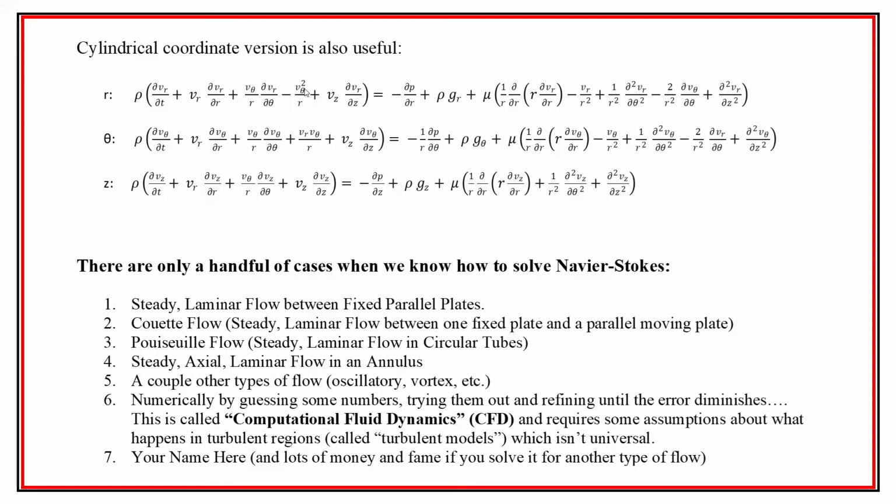And what is special about the Navier-Stokes? Well, there are only a few situations where we can actually solve it, when we apply some limitations and some boundary conditions that make it possible. I'll demonstrate them in a series of examples that will hopefully make it a whole lot more sense.